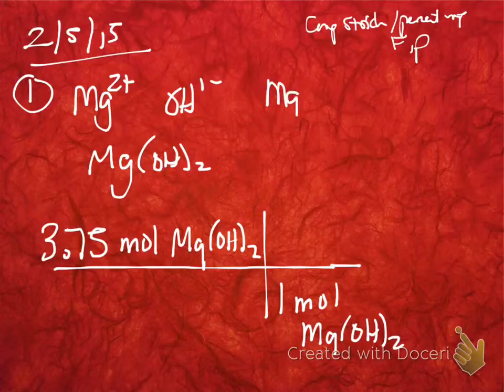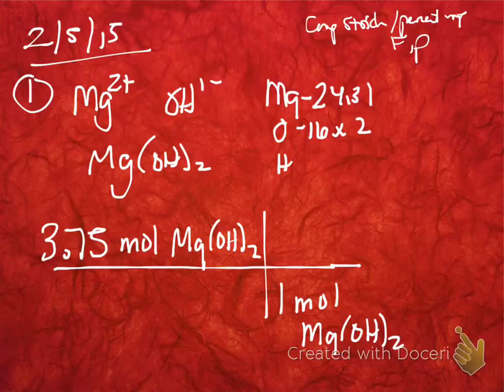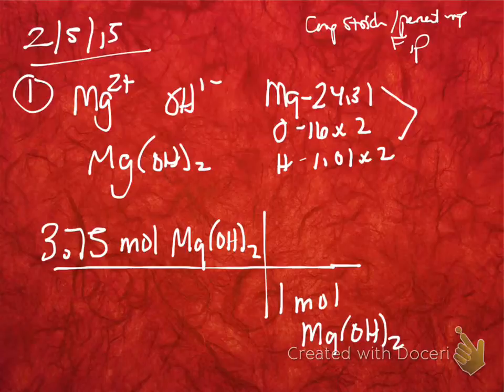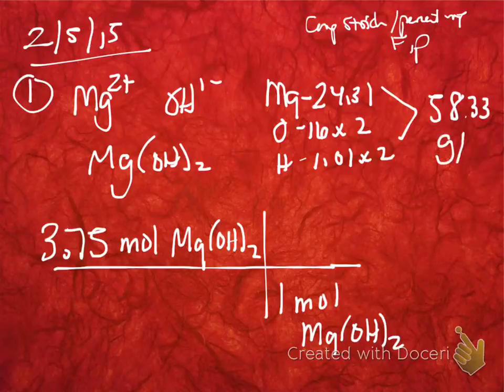So we've got Mg at 24.31, oxygen at 16, and we have 2 of them. Hydrogen 1.01, we have 2 of them. So our mass is 58.33 grams per mole.